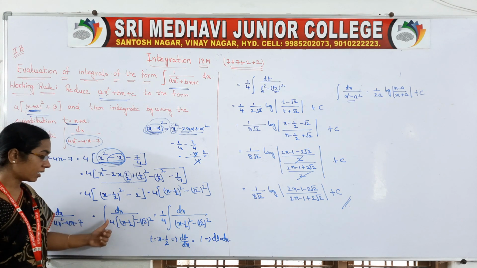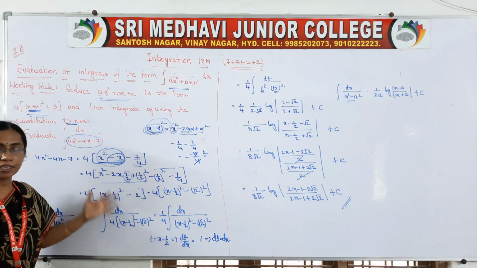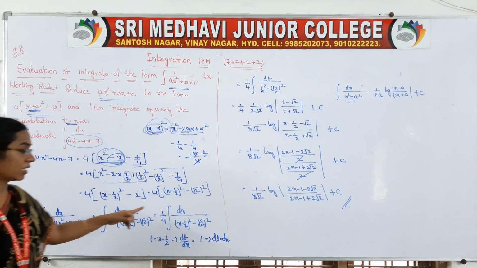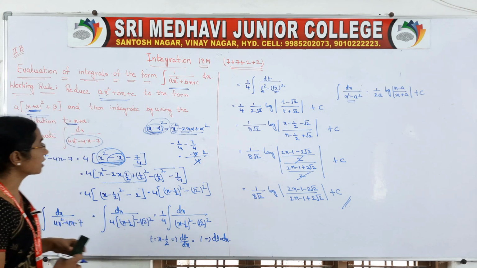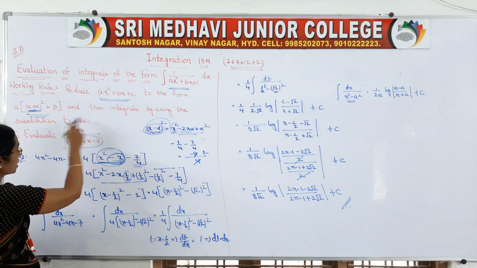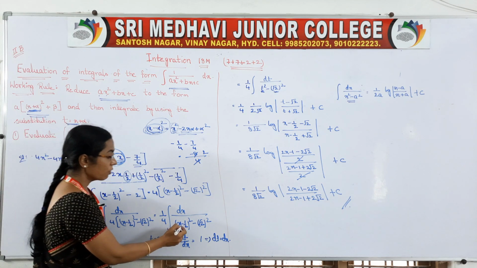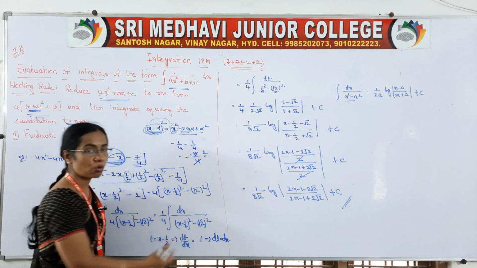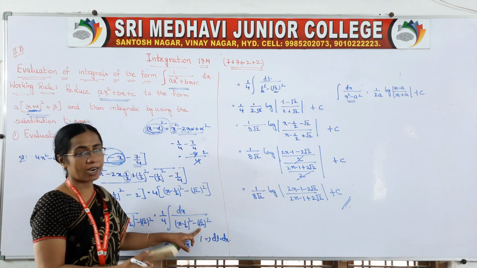After taking the integral, 4 is constant. Whenever some constant is there in the integral, we will write it outside. That's why 1 by 4 is taken outside. After that, it is given to integrate by using the substitution t is equal to that value. So if it is only x square, then no problem. It is of the form x square minus a square, integral standard form.